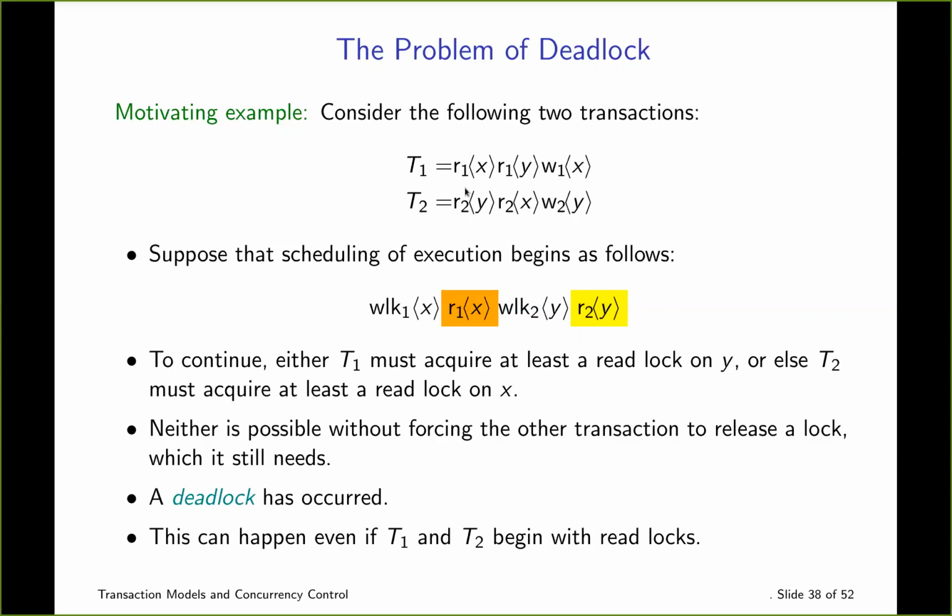Suppose we have two transactions and a schedule where transaction 1 wants to write X, and transaction 2 wants to write Y, but transaction 1 is going to get a read lock on Y, and transaction 2 is going to get a read lock on X. If transaction 1 has grabbed a read lock on Y, and transaction 2 has grabbed a read lock on X, but then they want to grab the write lock on X or the write lock on Y, vice versa, then we've reached a deadlock position.